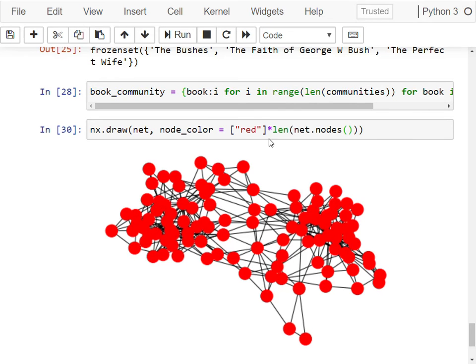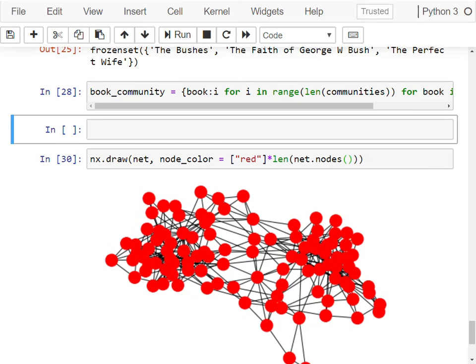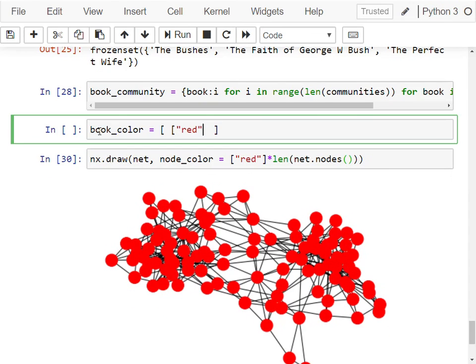Now, I don't want each one of them to be red. I want to color them based on the community of each one of these nodes. So I'm going to do another conversion here. I'm going to create a list listing the colors of the books. Let's say for the sake of this example, I'm going to use red for what I determine to be the more right-wing conservative books.